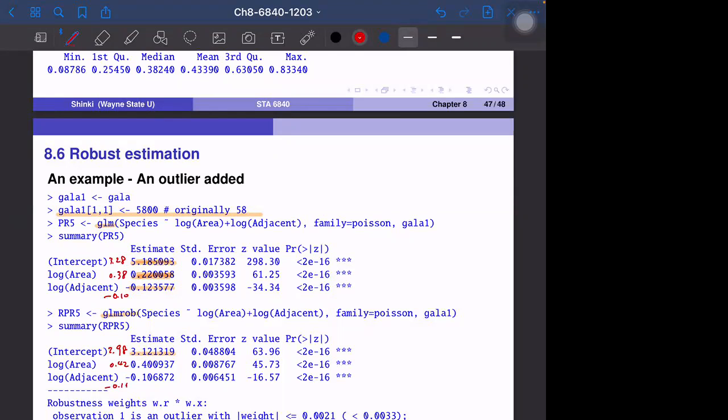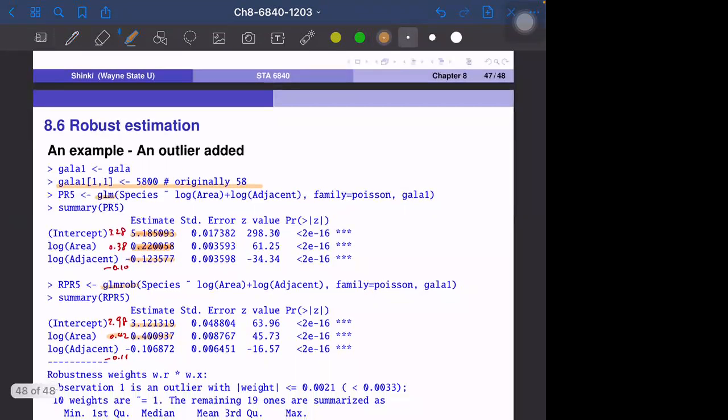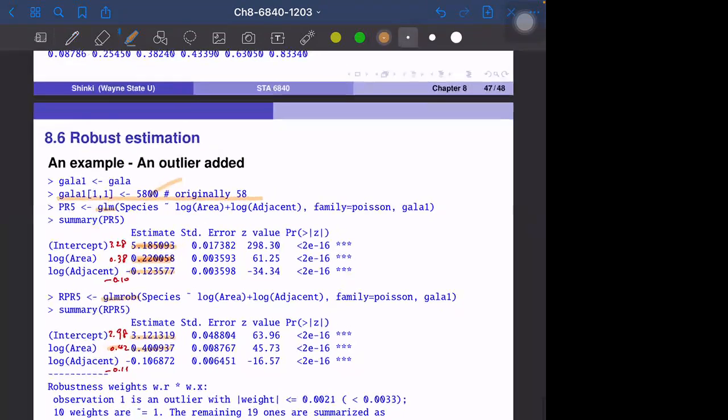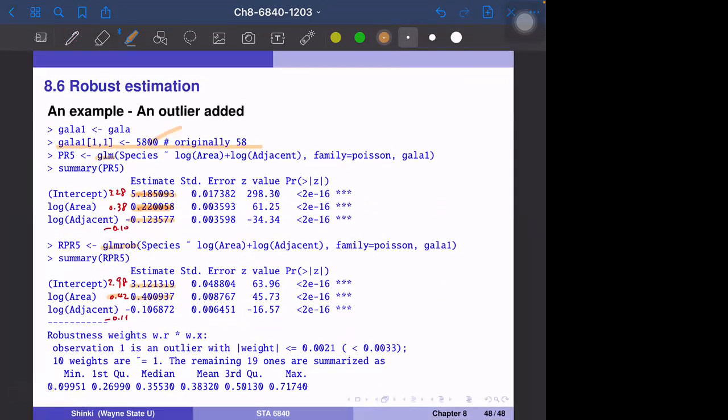Maybe 0.42 becomes 0.40, but it's still similar, even though this outlier is very extreme, 100 times larger. So you can see that the robust estimator gives more stable results if there are some measurement errors, or even true values that are outliers.